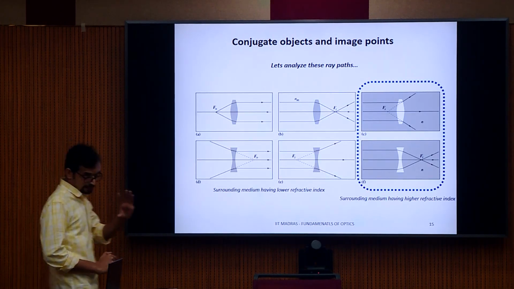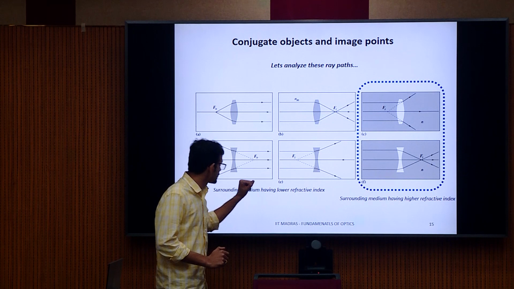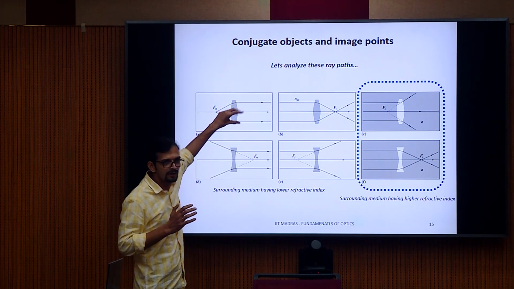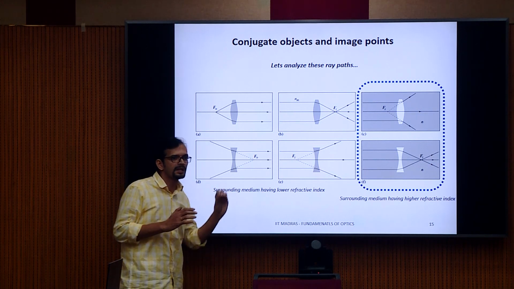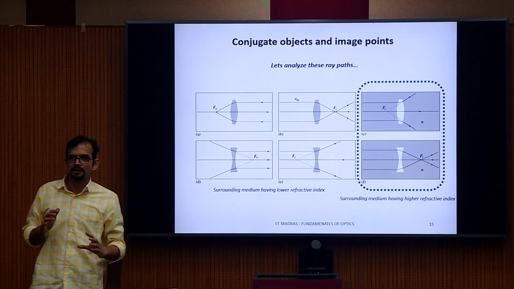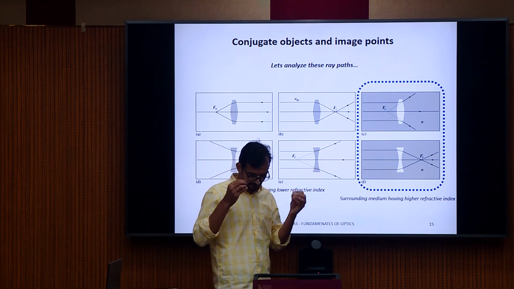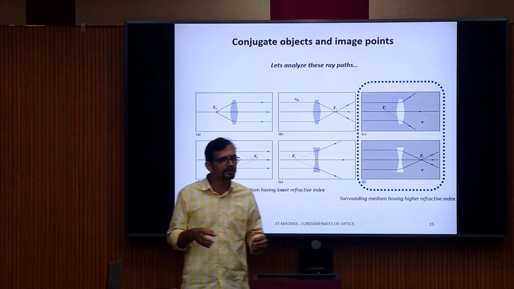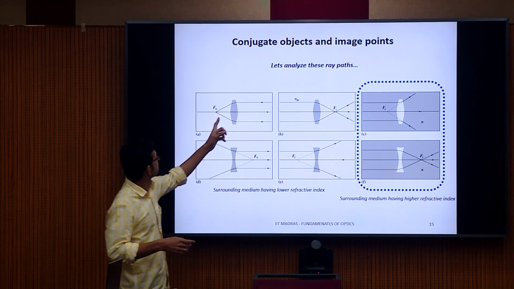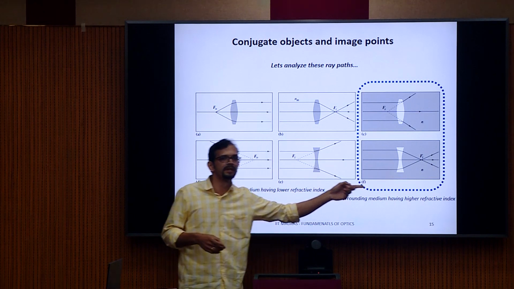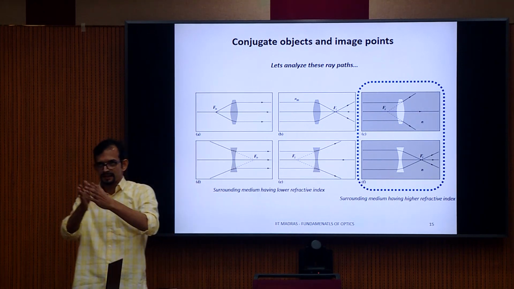So then, this slide has very important information. We always have an intuition that a planar convex lens always focuses, right? A convex lens always focuses, right? It is not always true, because we always keep this lens in air, right? That is why it focuses. But if you place it in a medium having a higher refractive index, it will act as a diverging lens.